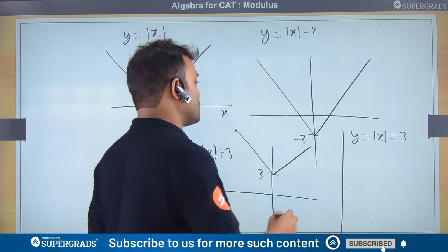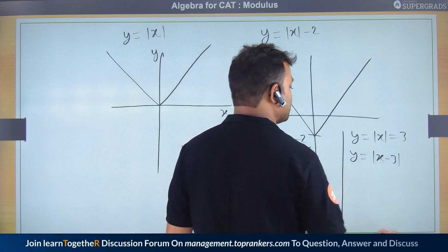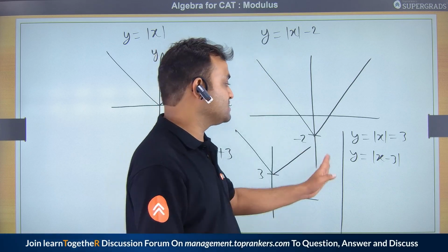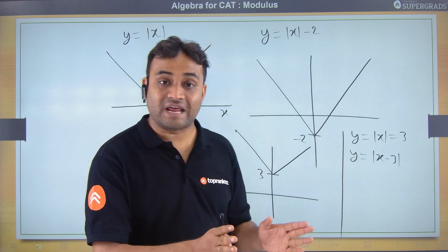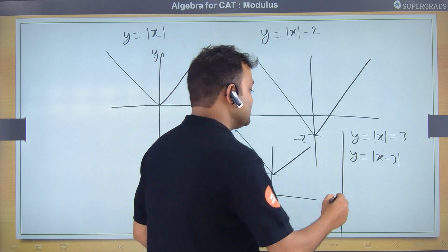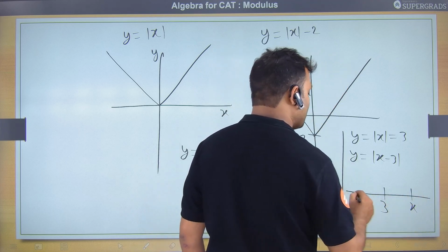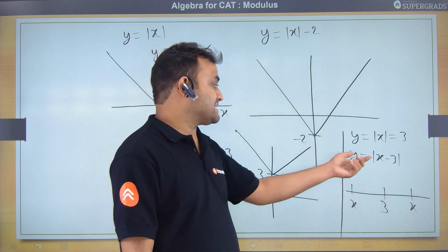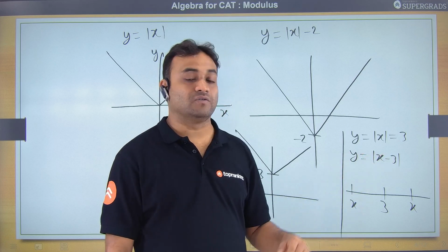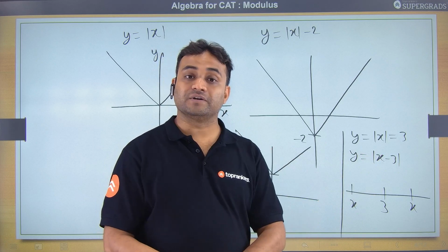But what if we are talking about y is equal to mod of x minus 3? This represents the distance between x and 3 on the number line. If this is 3, then x could be on this side or on this side. Mod of x minus 3 denotes the distance between x and 3.